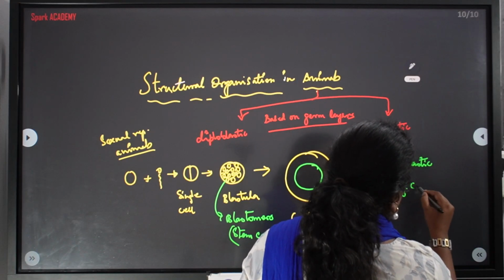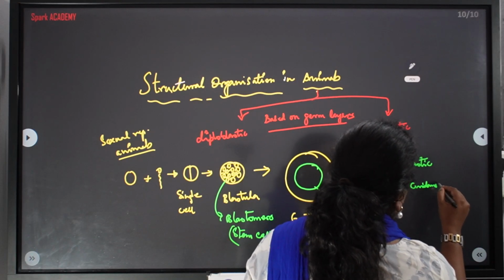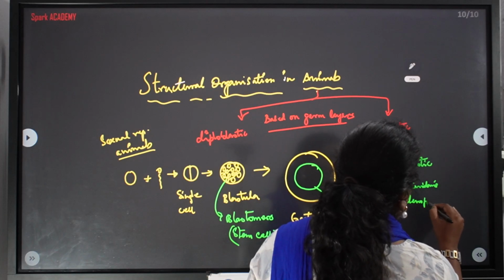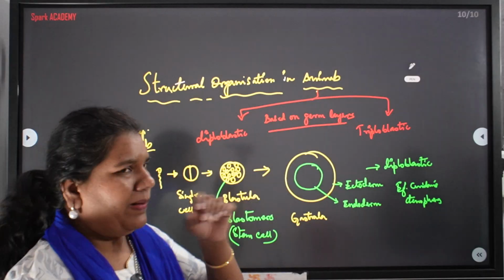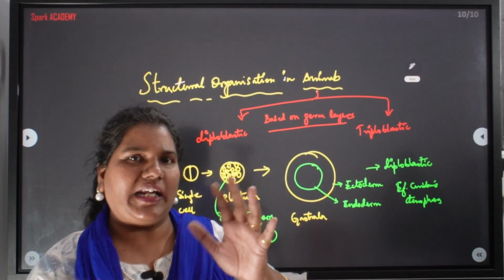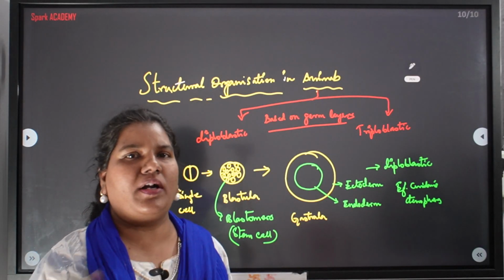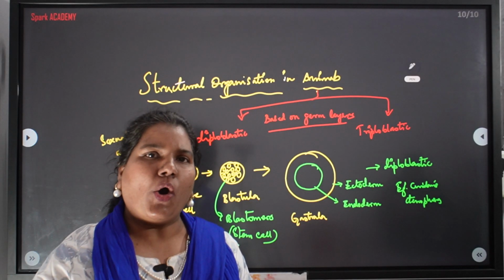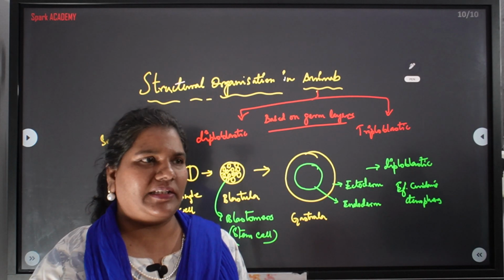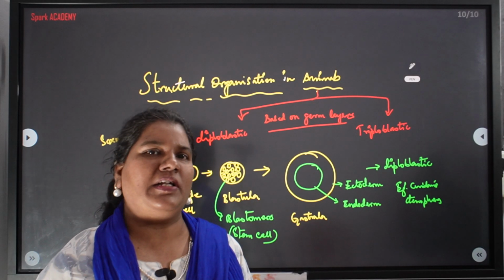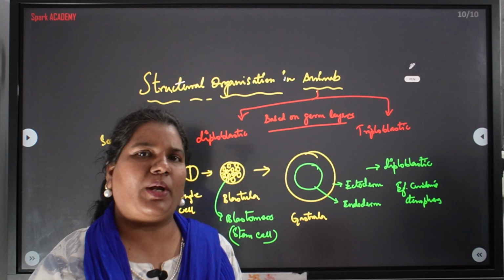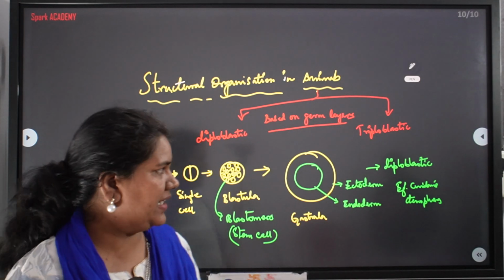There are two examples, Cnidaria and Ctenophora. In diploblastic animals there is a layer in between, but this layer is undifferentiated or underdeveloped. We can also call it the mesenchyma layer, which is not a well developed layer.